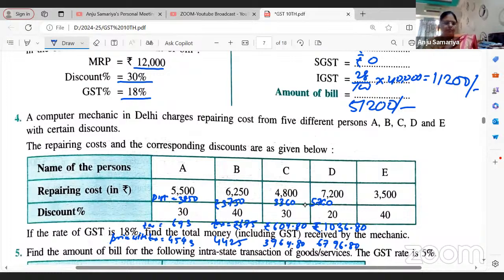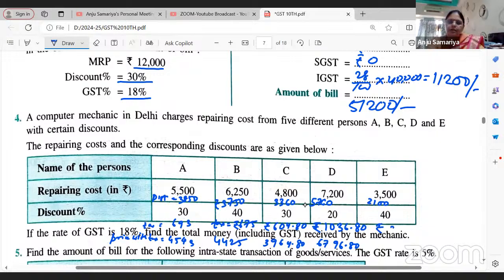Last one. Discounted price is 2,100. Correct. Tax is 378, right?